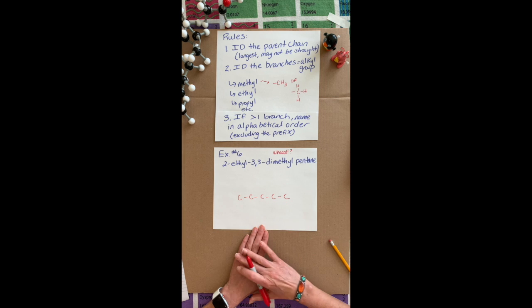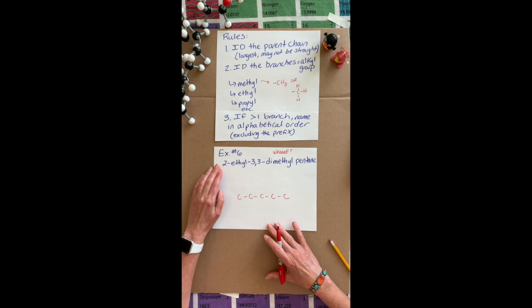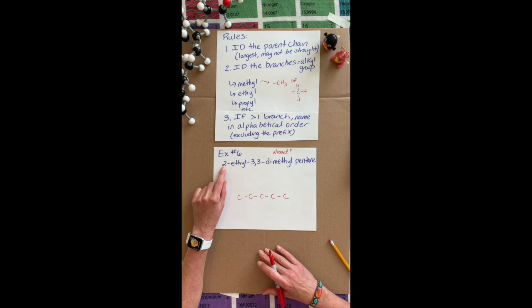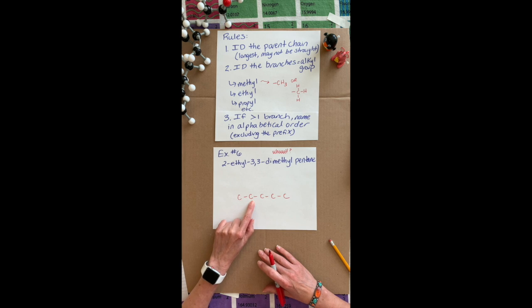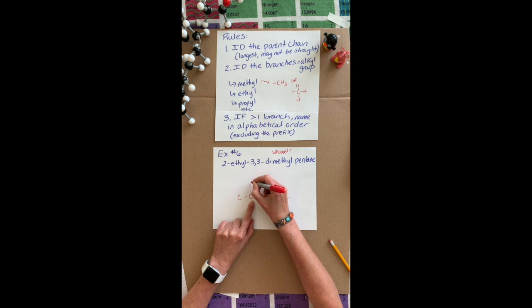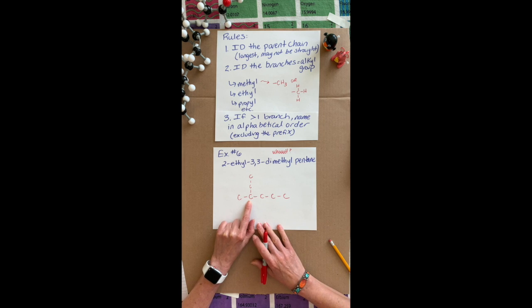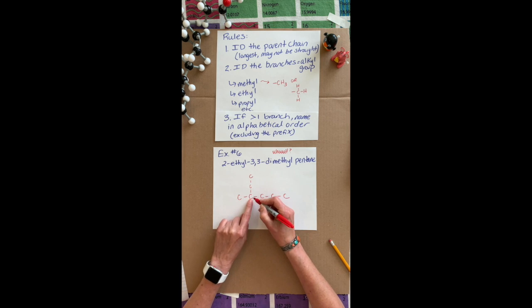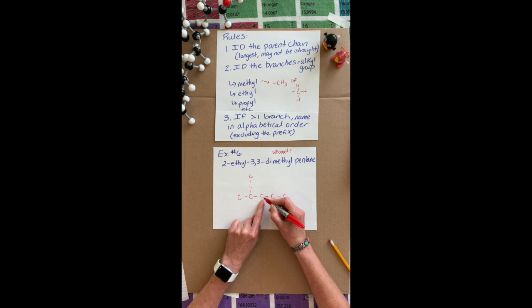There are 5 carbons in the pentane. Let me go back to the beginning. 2 is the location of ethyl. Well, 1, 2, that's the number 2 carbon. I'm going to draw that ethyl group there. Then on the 3rd carbon, 1, 2, this must be the 3rd carbon. There's actually 2 methyl groups.